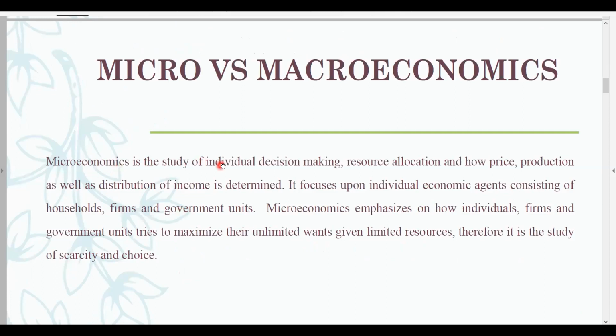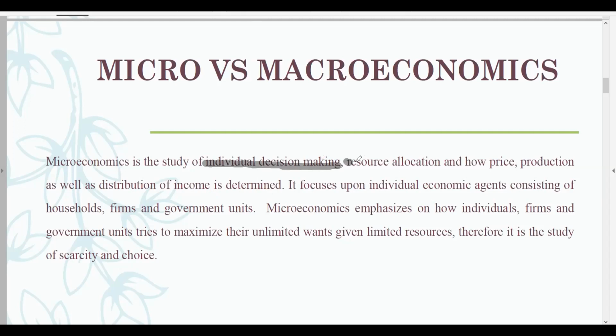Microeconomics is the study of individual decision making, resource allocation, and how price, production, as well as distribution of income is determined. So it's very important that you know exactly what microeconomics is all about. This is the study of individual decision making. We are looking at decisions that are made at an individual level.